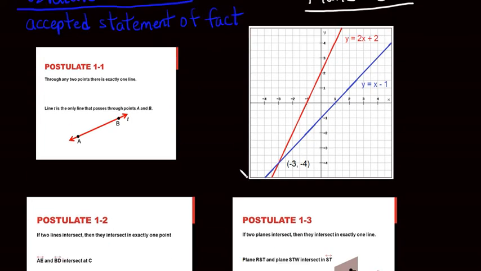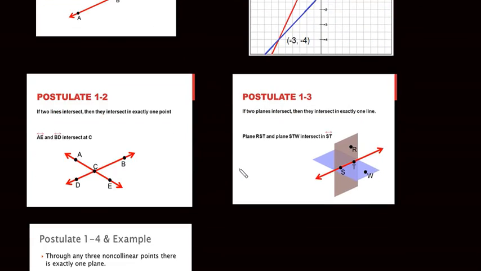All right, postulate 1.2. If two lines intersect, like these do, they intersect at exactly 1 point. So line AE intersects with line BD here at point C. That's all that postulate says.